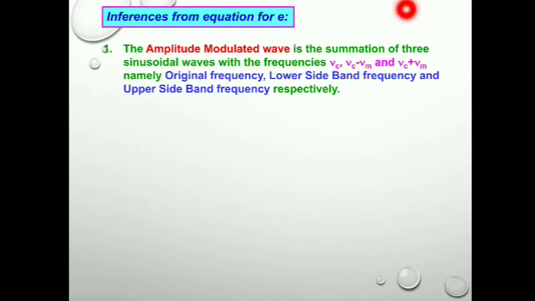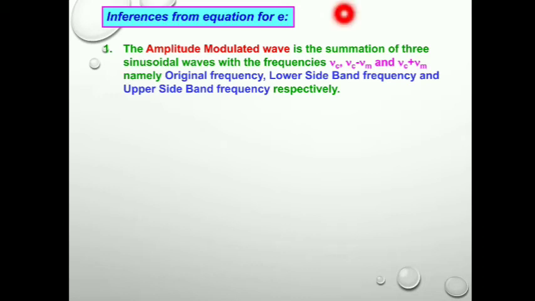And the difference between the frequency of the carrier wave and the modulating wave is nu c minus nu m, and this has the minimum value and this is the maximum frequency. Minimum and maximum frequency, namely original frequency, lower side band frequency and upper side band frequency.